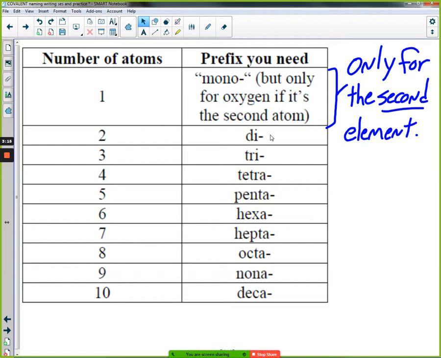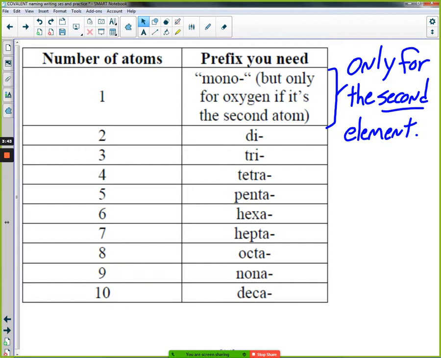So when we do covalent formulas and names, we're going to be counting how many of each atom there is, and we're going to be applying a prefix to it. All of these prefixes, or prefaces, I guess, I'm not an English nerd, I don't know, will tell you how many of each atom there are in a given substance.